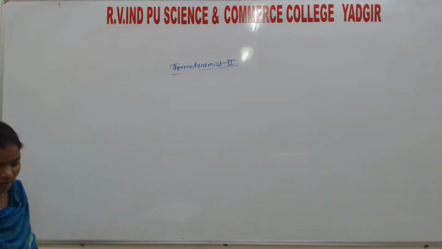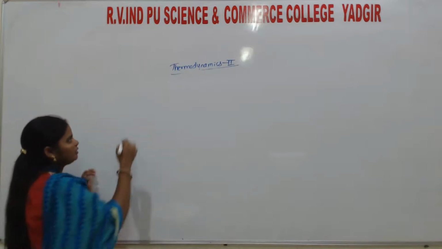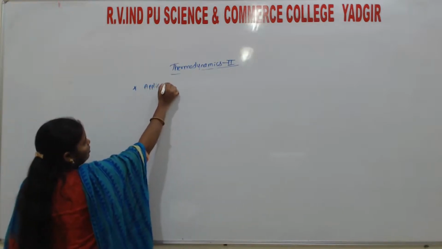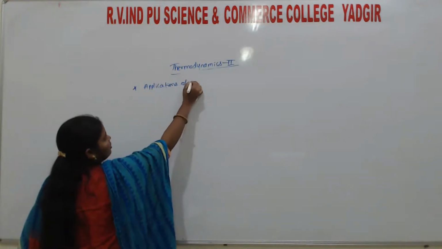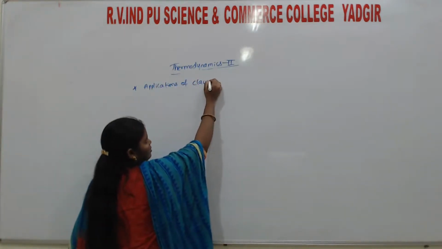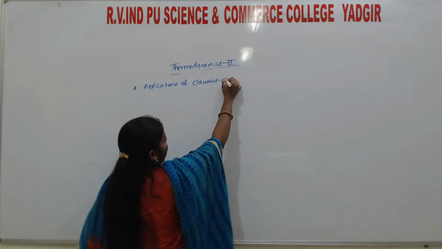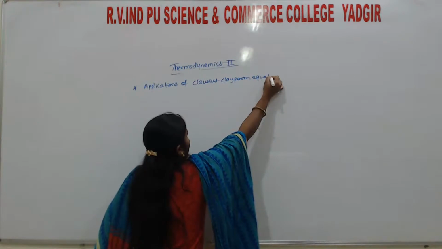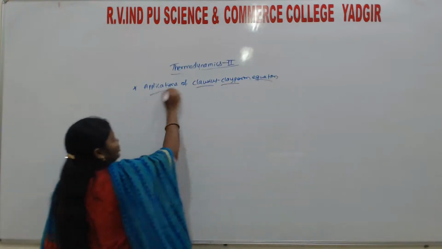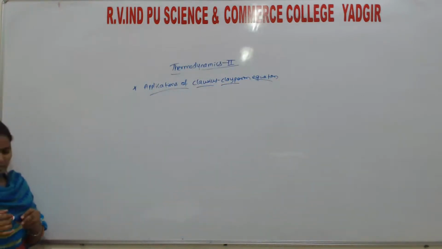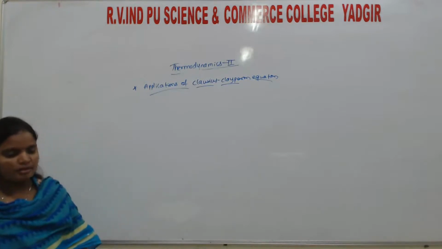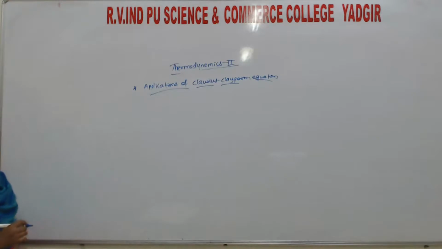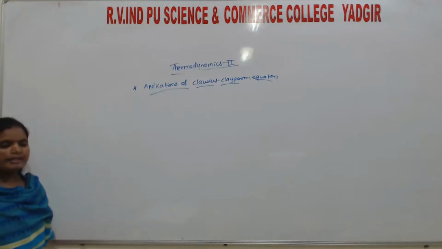Okay, next, applications of the Clausius-Clapeyron equation. Here there are 3 applications. One is the calculation of latent heat.